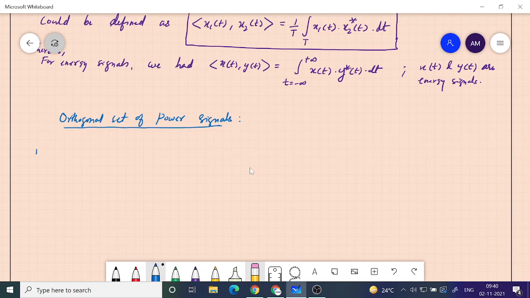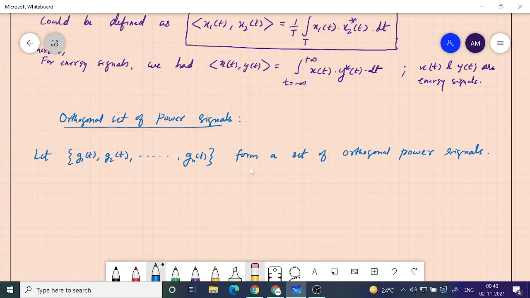So let g1 of t, g2 of t, etc., up to gN of t form a set of orthogonal power signals. To approximate, again the problem is the same.